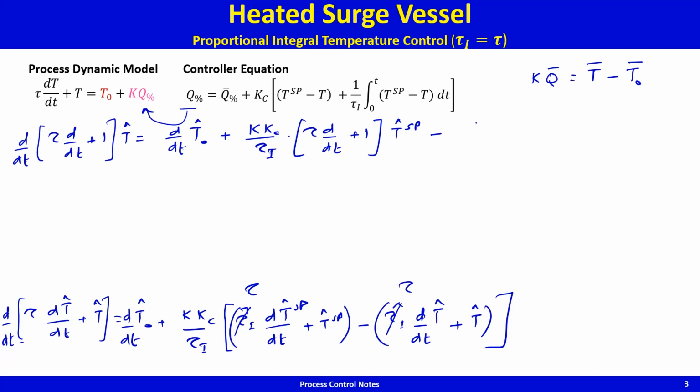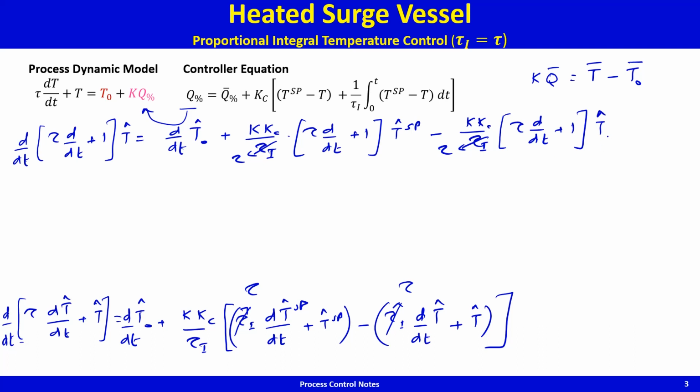minus Kc by tau I, and tau I is equal to tau, by the way. So we are taking the case where tau I is set equal to tau, times tau d by dt plus 1 operating on T tilde.